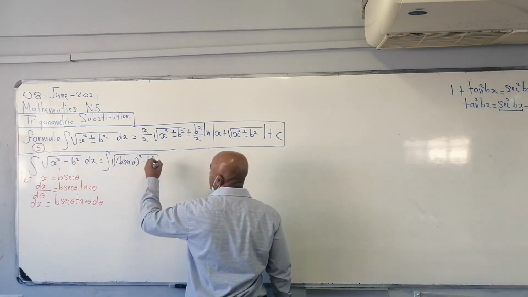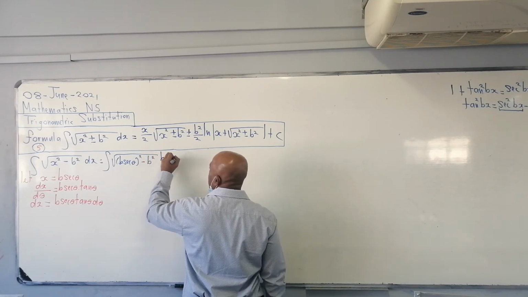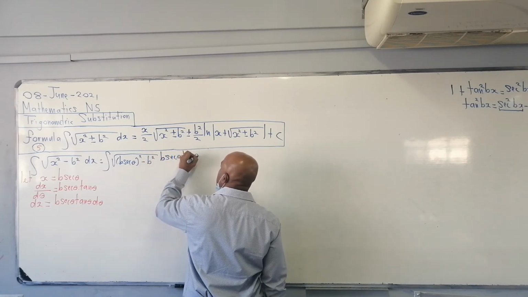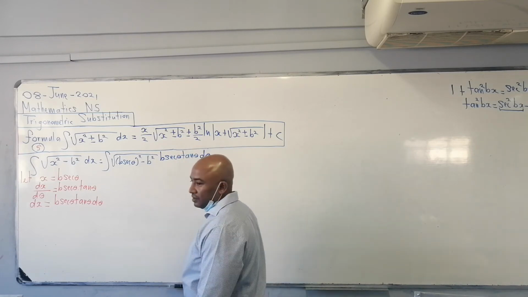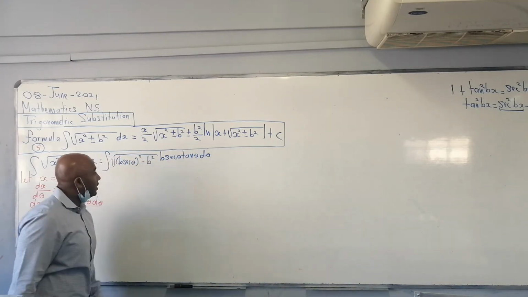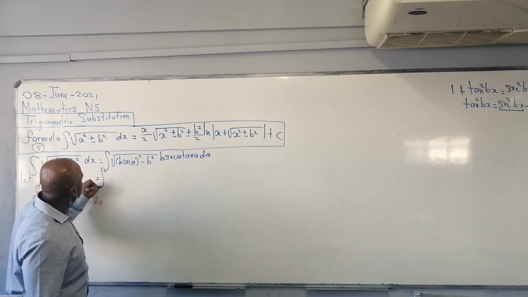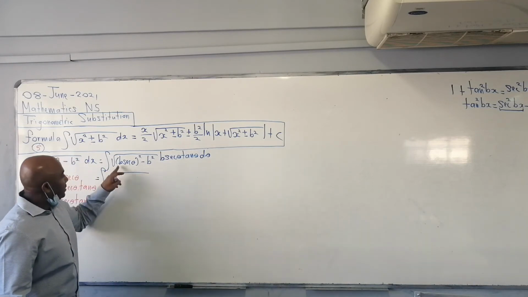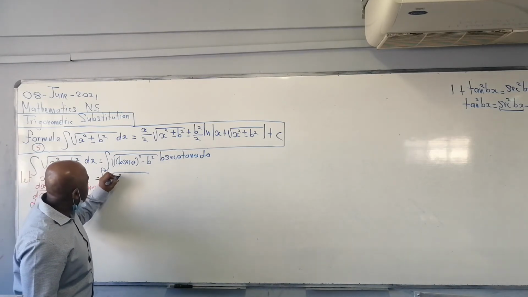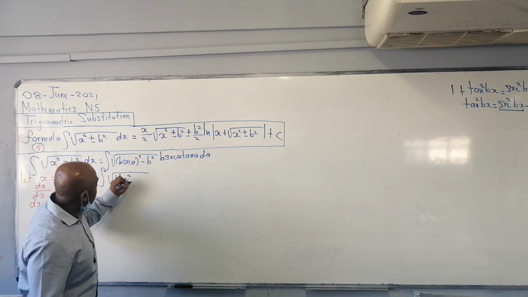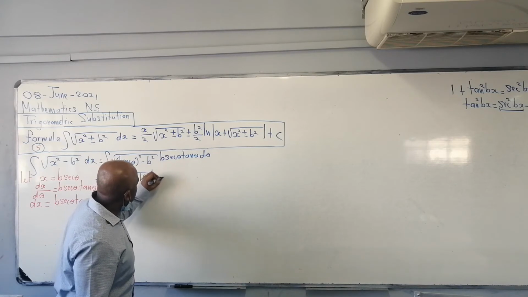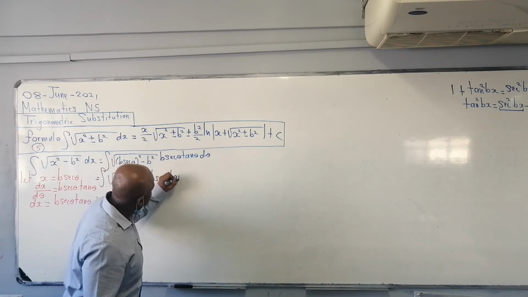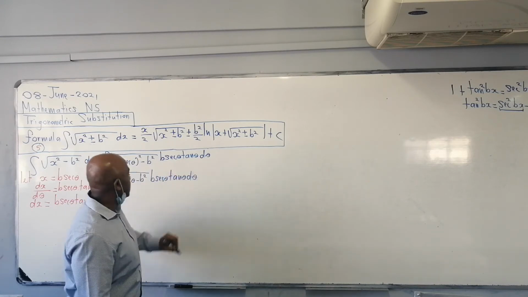So my dx is b sec theta times tan theta, d theta. Alright, so now here I will have b squared sec squared minus b squared. Then I got my b sec theta tan theta d theta.